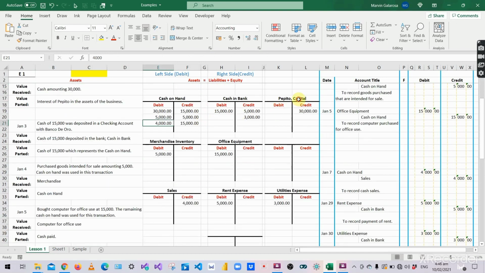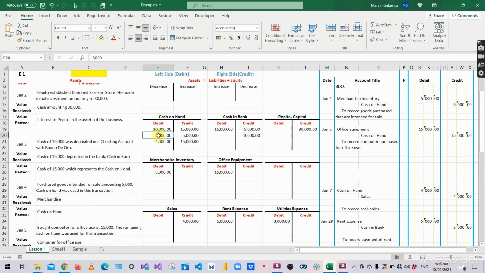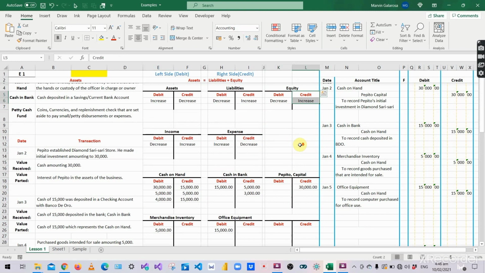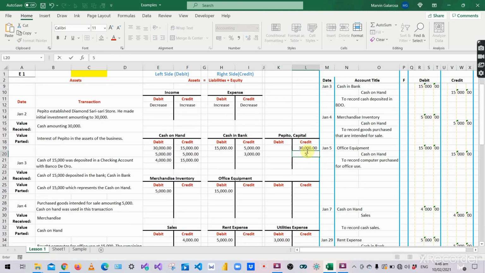And then, nag-increase yung interest ni Pepito sa business. Nagkaroon siya ng additional investment na 5,000. Since ang Pepito Capital, under siya ng equity, ang increase sa equity ay recorded sa credit side. So, lagay naman natin yung 5,000 pesos under sa credit side ni Pepito Capital. So, meron na tayong journal entry for January 6, debit and credit.